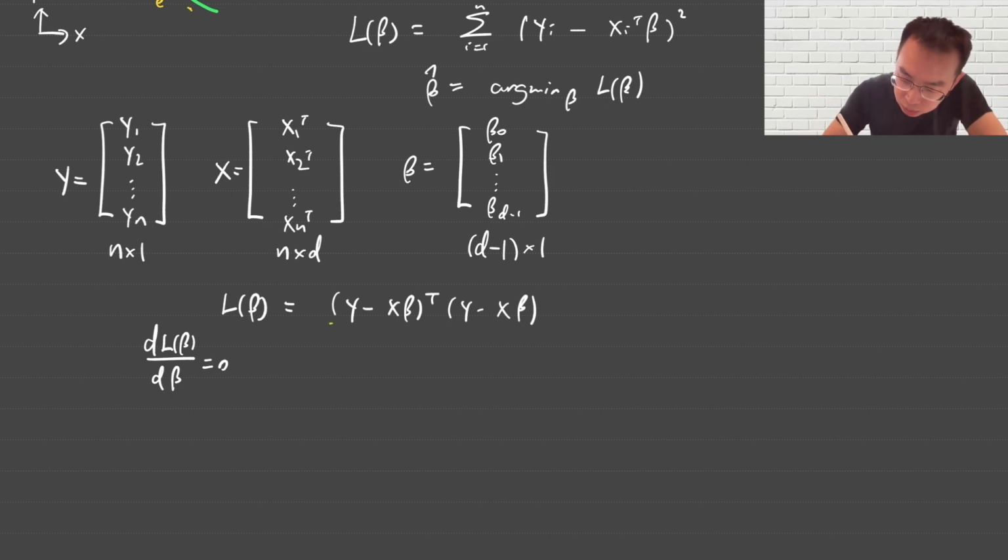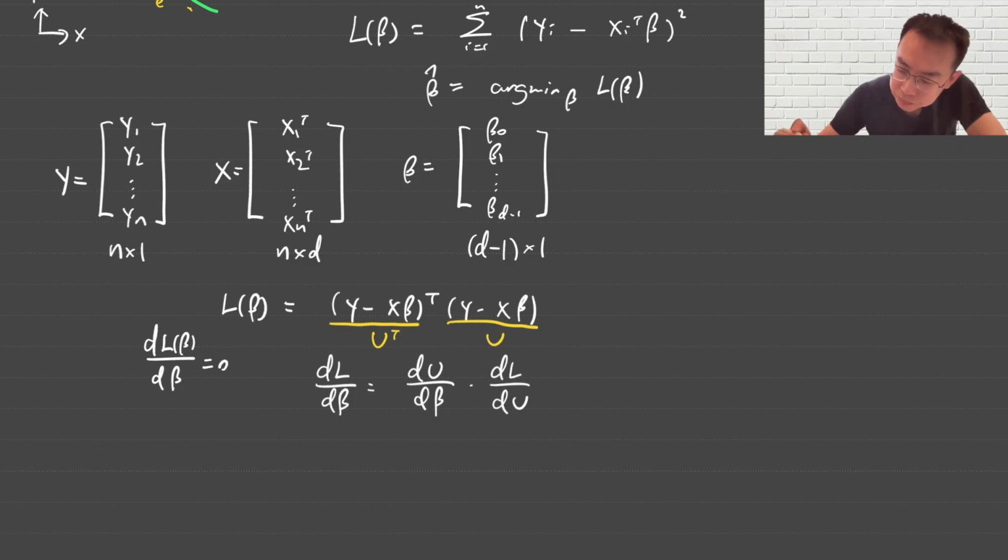Let's do a quick change of variable, call this thing U transpose. This is U, and then that will be dL over d beta equals to du d beta times dL du.